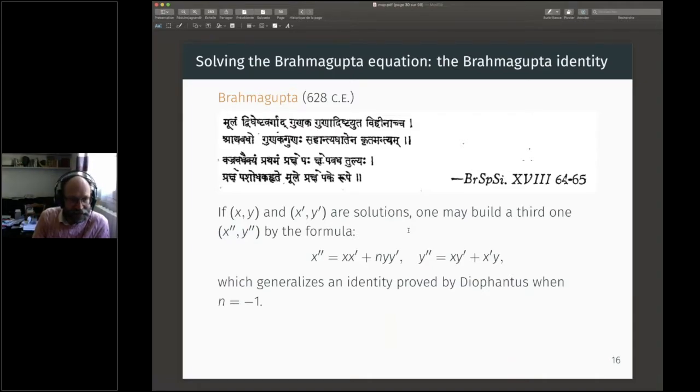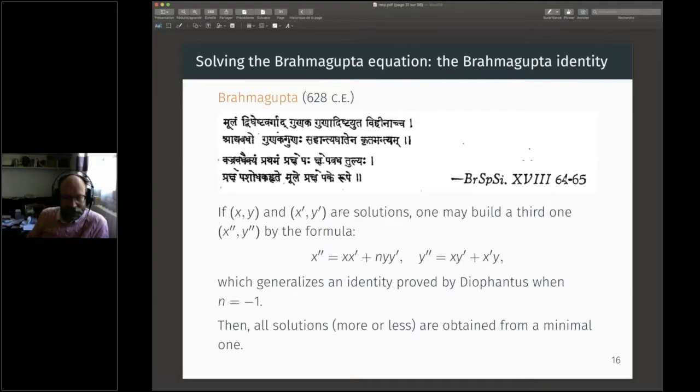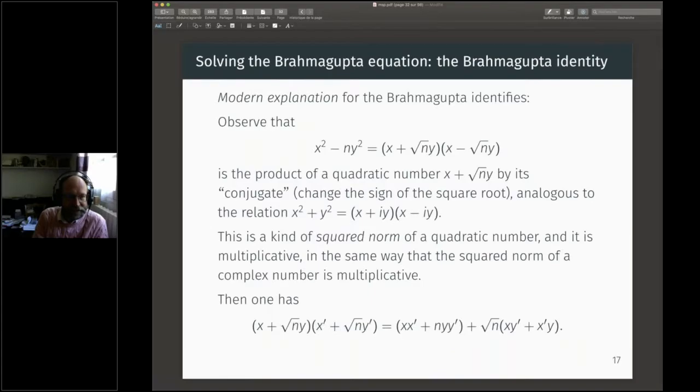And for n equal to minus 1, it was an identity already present in the works of Diophantus. And the second part of the solution of this equation by Brahmagupta is that from a minimal solution, you can build all the other ones just by using this identity in a more or less clever way.